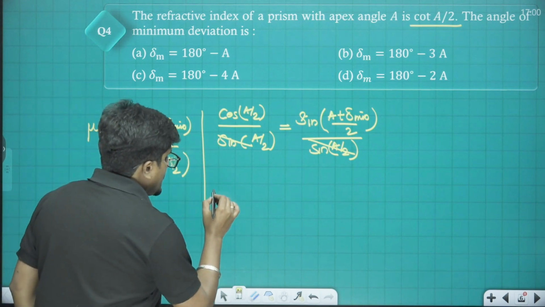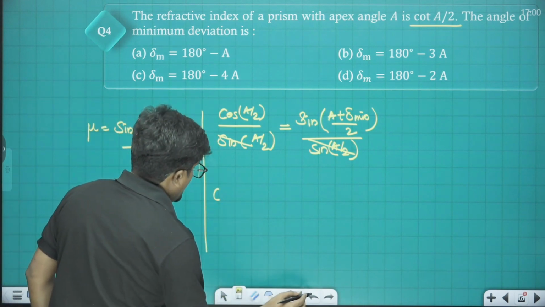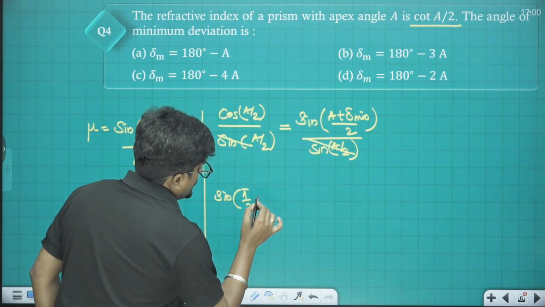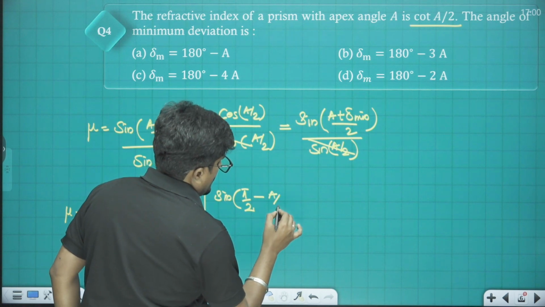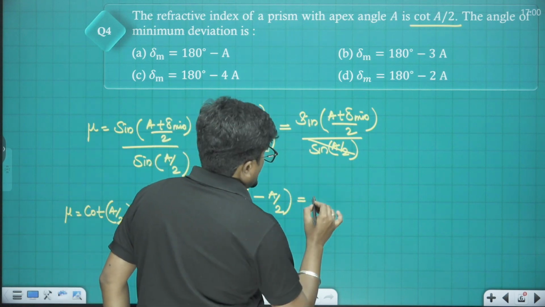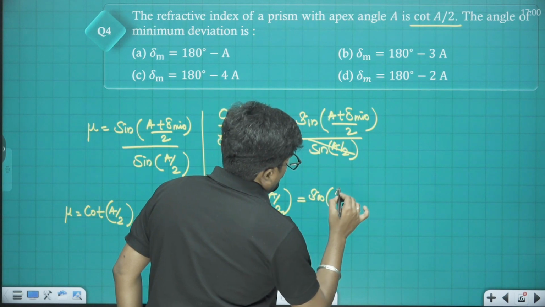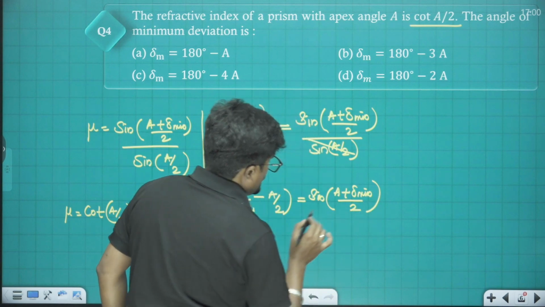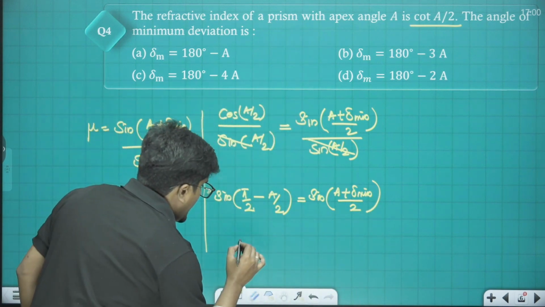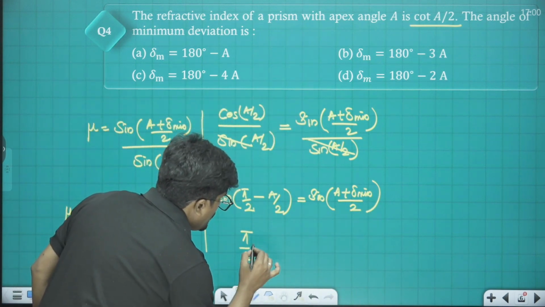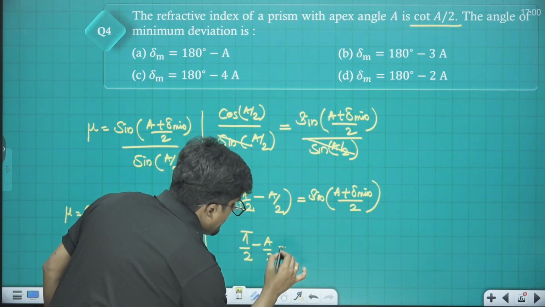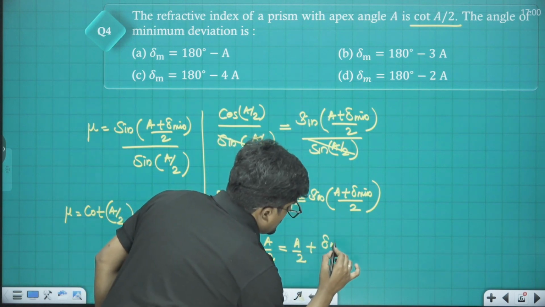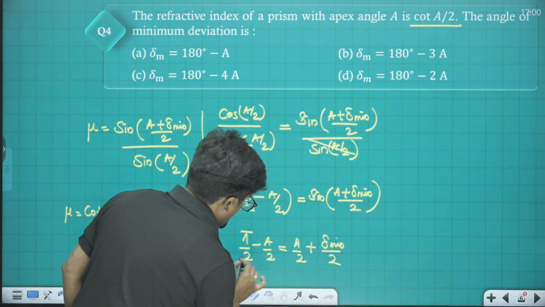Cos of A by 2 can be written as sine of pi by 2 minus A by 2, and that is equal to sine of (A plus delta minimum)/2. Solving this ahead, I can say that pi by 2 minus A by 2 is equal to A by 2 plus delta minimum by 2.